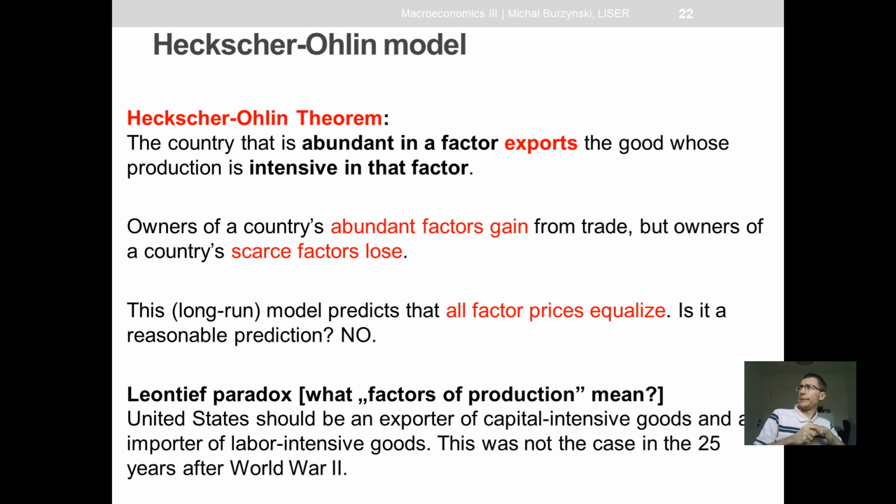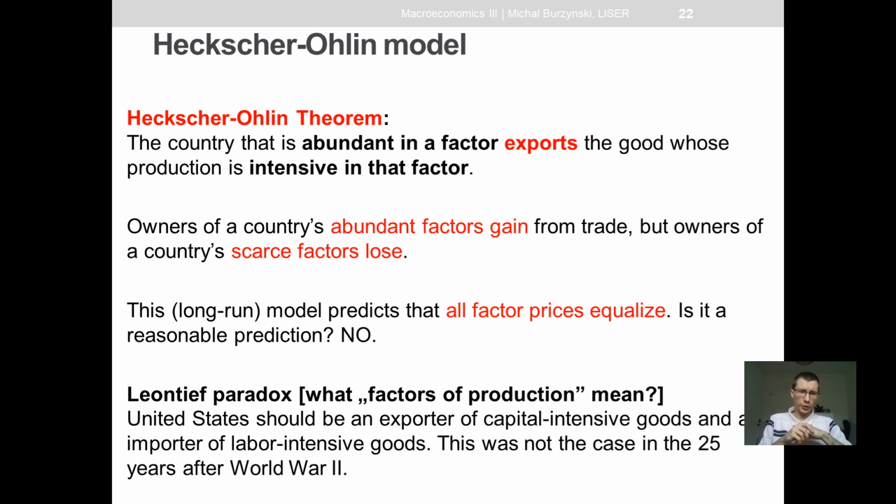So in the 1950s and 1960s, according to the Heckscher-Ohlin theorem, the United States should export goods which were capital intensive, because the United States at that time, as it is right now as well, was relatively abundant in capital, in this factor of production, right? So according to the Heckscher-Ohlin theorem, this should be the structure of exports.